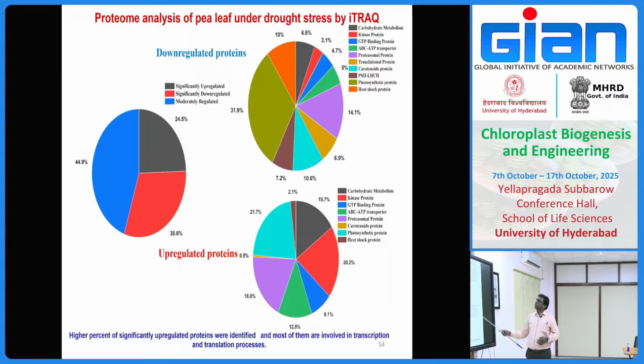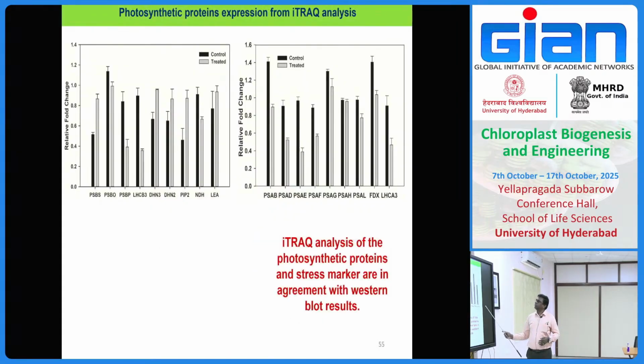I will not discuss all of them. The same genes we analyzed with the proteins, and you can see all of these are similar to the gene expression or transcript expression. The proteins are also getting overexpressed in some places, and similarly we tested with the transcriptome and analyzed them together.